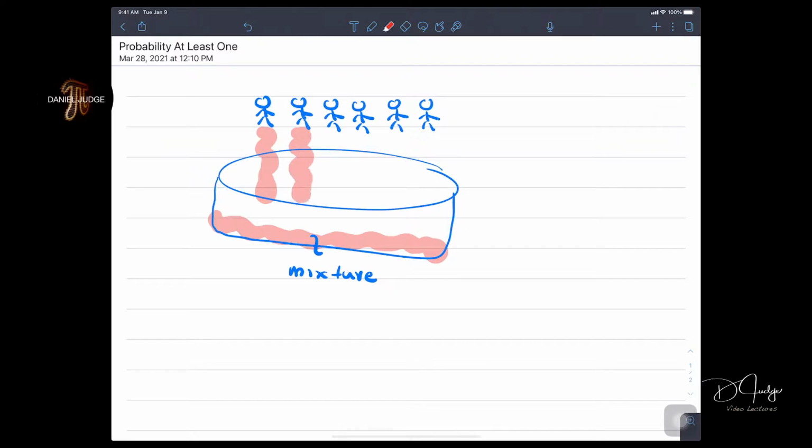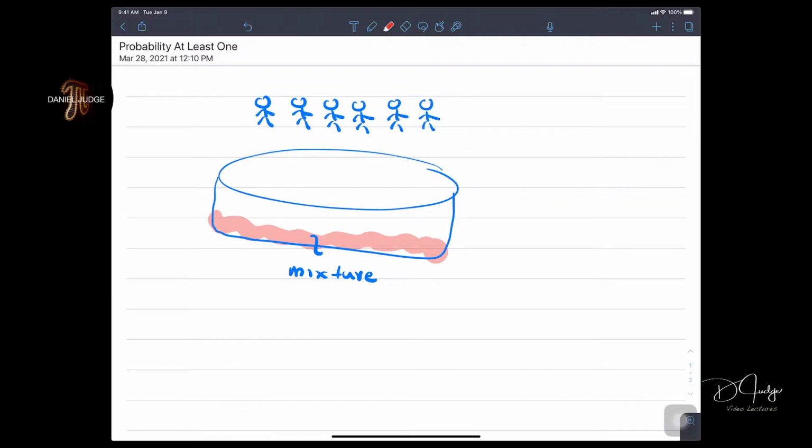I'll erase it. So I'm going to fill this container with really the blood of 6 people. Okay, so that's kind of the idea. So you have a mixture.